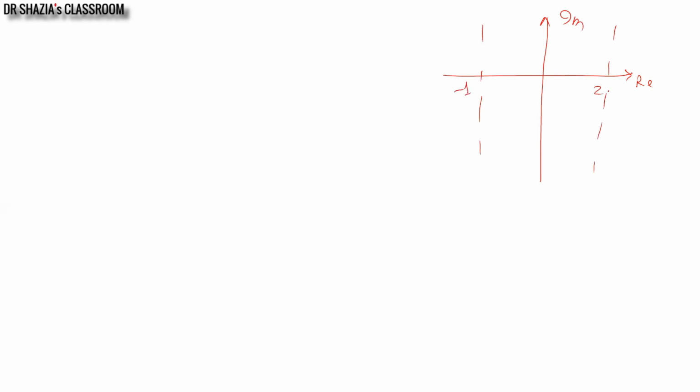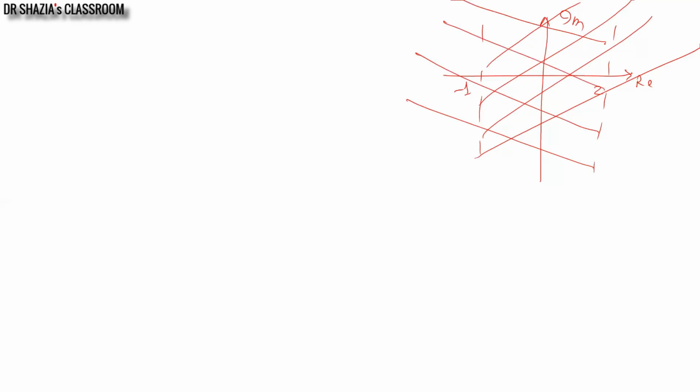The third possible common ROC could be that the first signal is a right-sided signal with ROC greater than -1, and the second signal is a left-sided signal with ROC less than 2. In that case, I'm getting a common ROC between -1 and 2. So here I'm considering case 3, which is a two-sided signal.